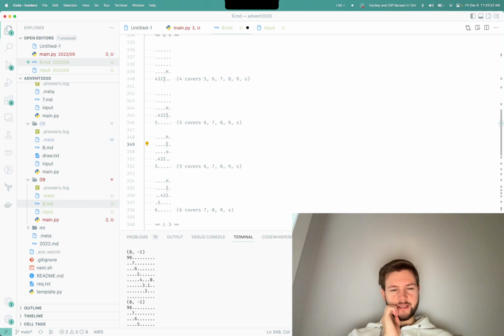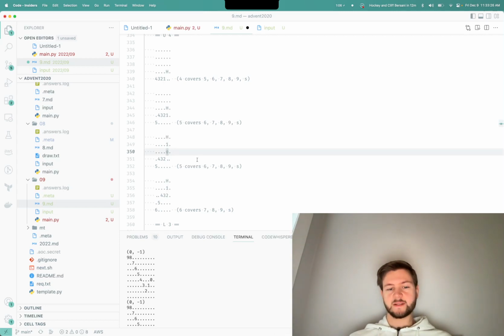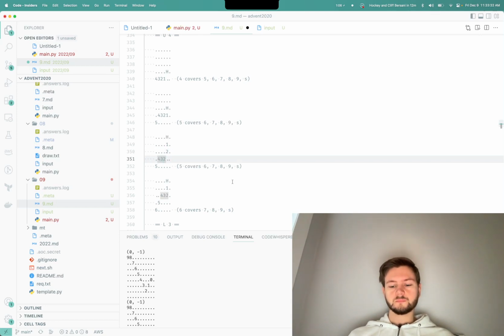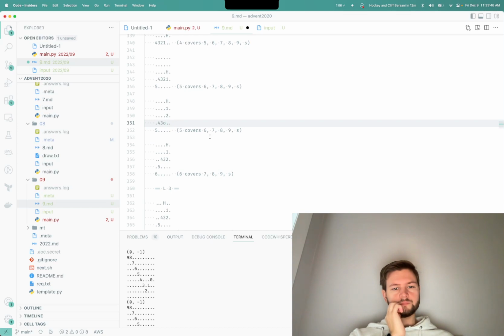Okay, so in theory, this is straightforward. The 2 goes here. Now, this is the original 2, but this is not where the 3 moves. The 3 will just go up and to the right.